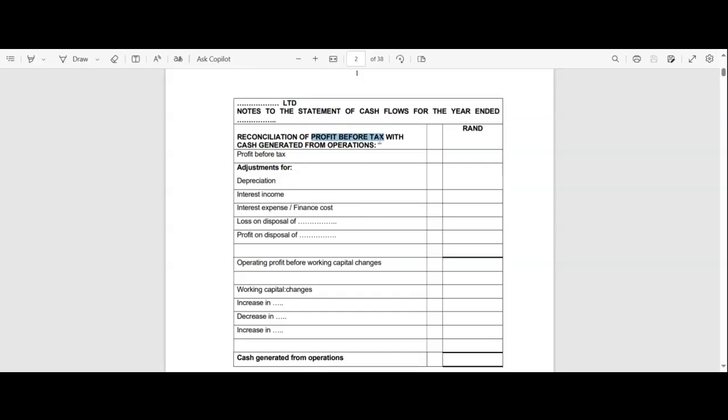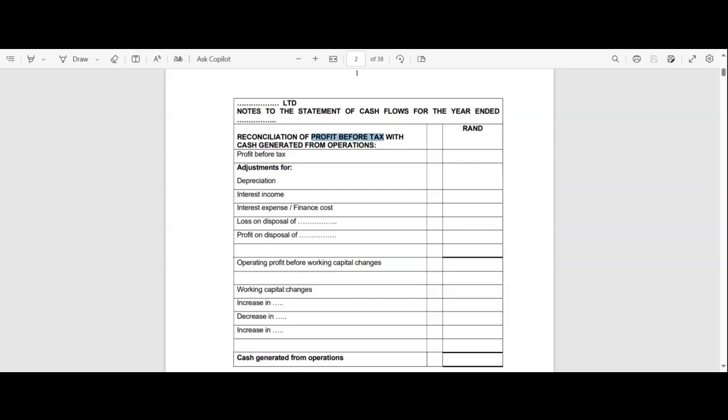Now, if we think about profit before tax, there are many things that spring to mind. First of all, where can we find it? And we know we can find it on the face of our statement of comprehensive income. It is a line item, a disclosable line item, profit before tax.